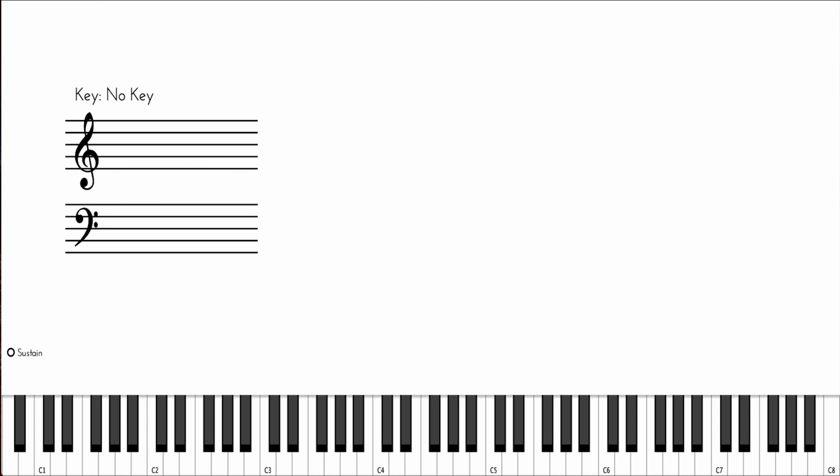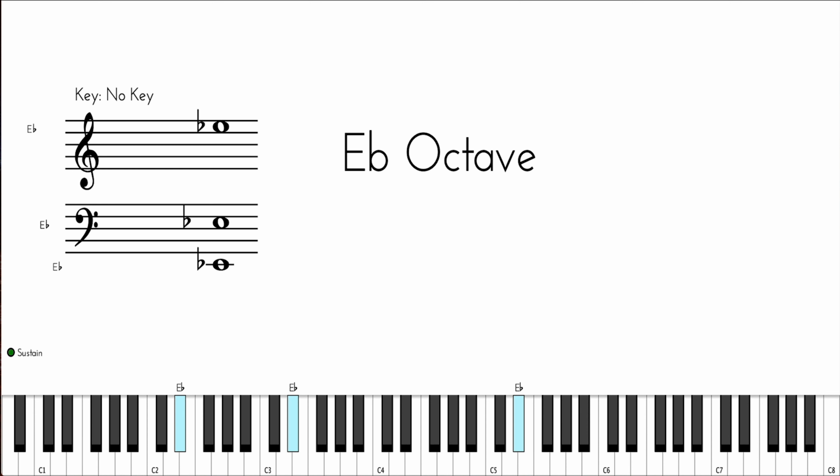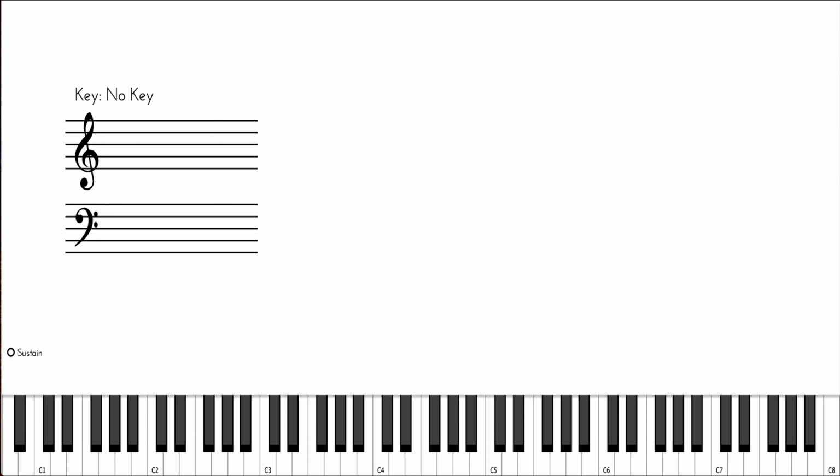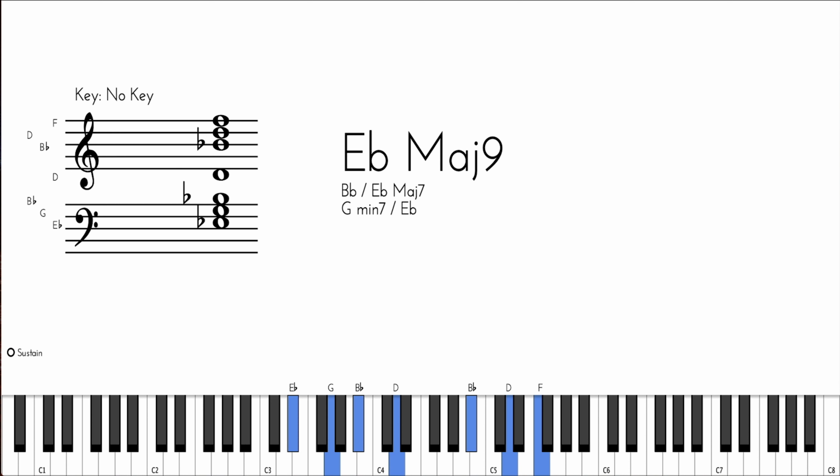All right, so let's try a different key. Let's do E flat. So again, we have the 1, 3, 5, 7, 9. And then we can take the major triad of the 5th note to get that extension at the top right hand. So 1, 2, 3, 4, 5. The 5th note is B flat. So we can take a B flat major triad and stick it over top.